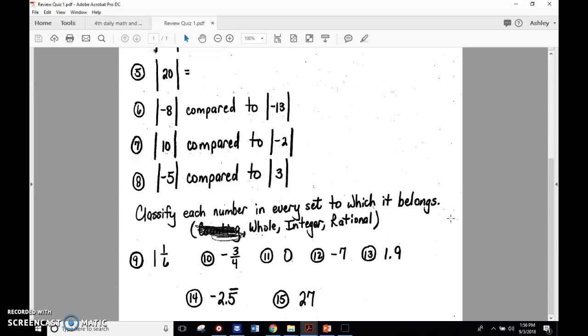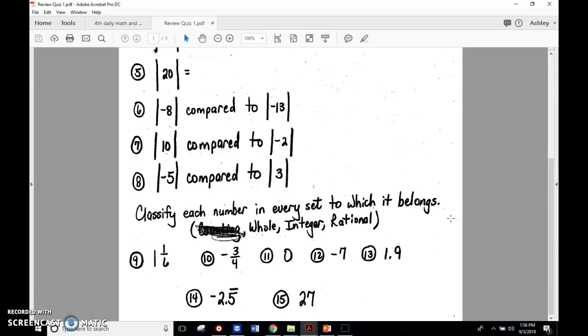So a number could belong to more than one group, or it could just belong to one group. But you are going to list each set that the number belongs to. And you only have to worry about whole number, integer, or rational. So those are the only things you have to write. Whole number, integer, rational.